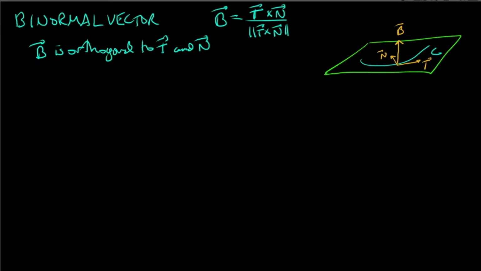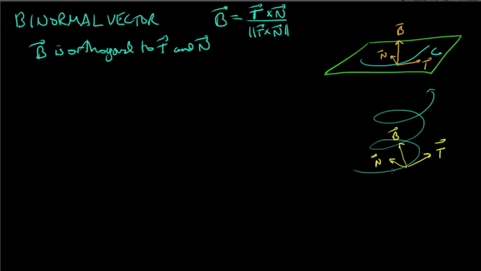And if you have a curve in space, say like a helix or something, then T, N, and B form what's called a moving frame. You have your tangent vector, your normal vector points inward, and then your binormal points perpendicular to that, although it's on a little bit of a tilt here, so I think it should be pointing something like that.